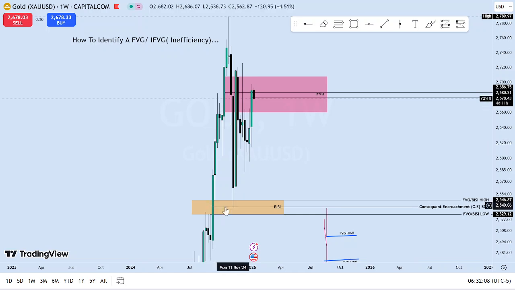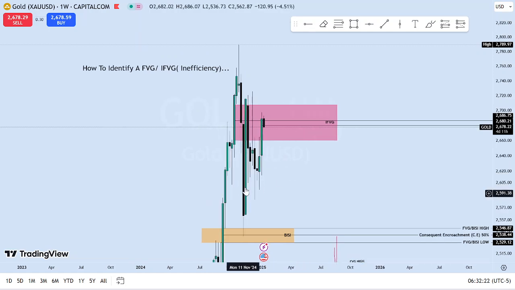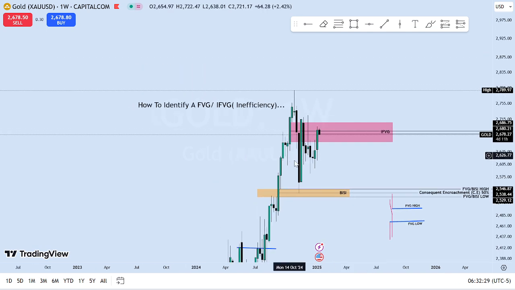Then we went to this inefficiency to fill it up and make it complete. It's no more an inefficiency because price has delivered inside it. This candle is now acting as an order block, the last close candle. This is the last bearish close candle here, right?